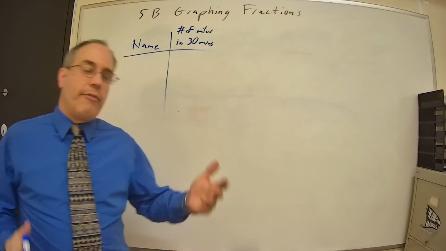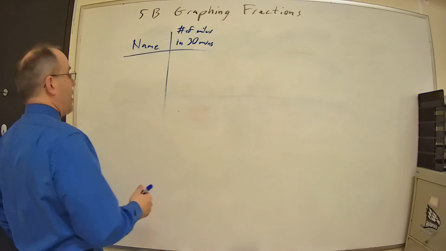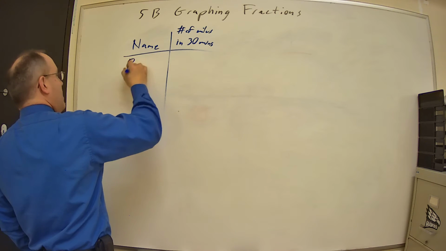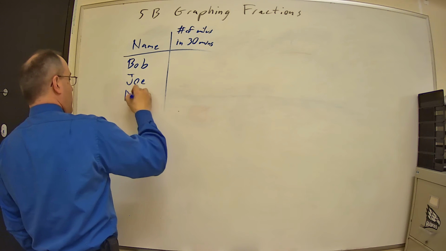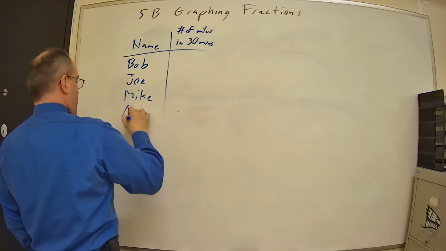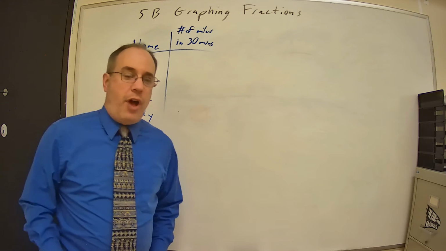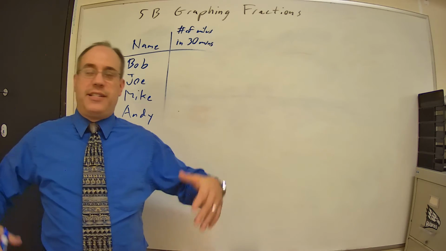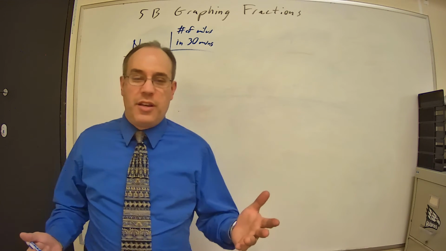Now I'm assuming on foot. Okay, so let's say we got Bob, Joe, Mike, and Andy. And obviously, they're not going to cover necessarily whole mile amounts. There's going to be partial miles in here.